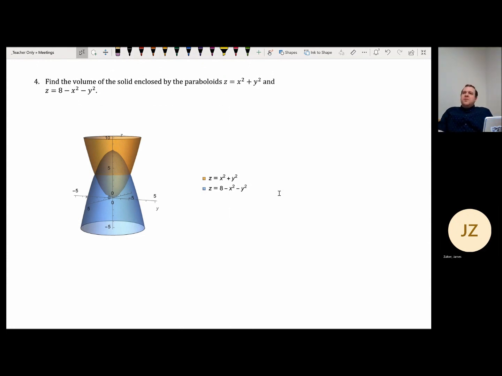Now remember, volume is just the integral over the region of the volume differential. That means we have to describe that region. You have three choices: rectangular, cylindrical, spherical. It depends on how you want to describe it.